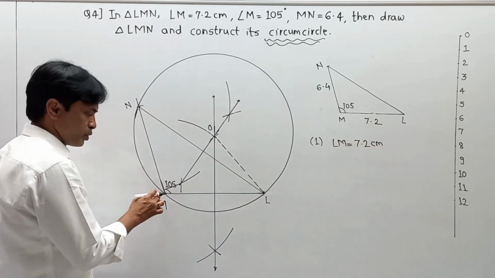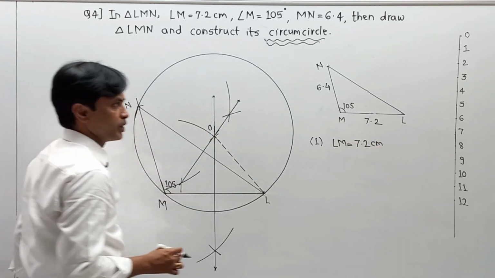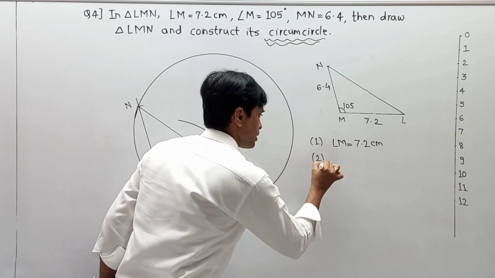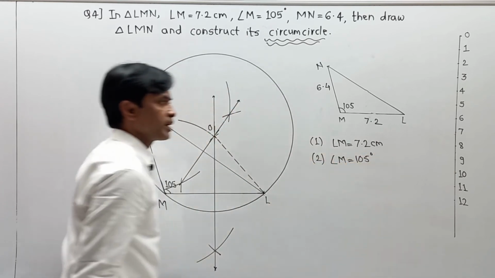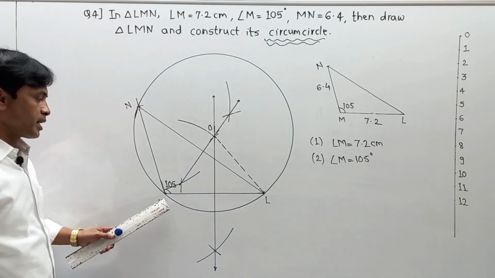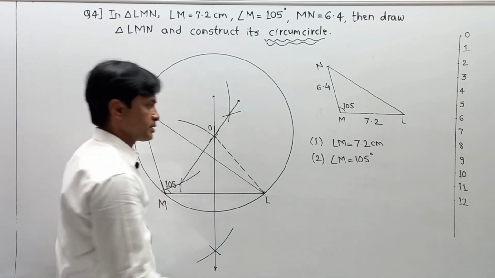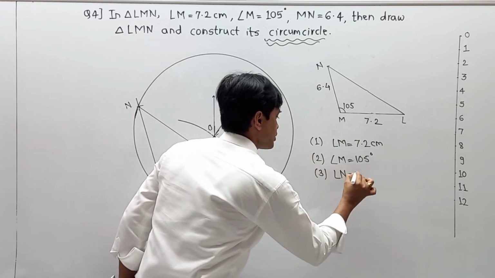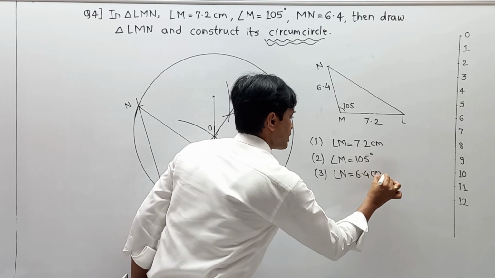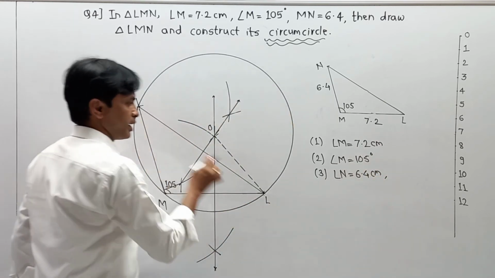In step 2 you say angle M with 105 degrees. In the third step you can say distance MN is equal to 6.4 centimeter, and draw LN.